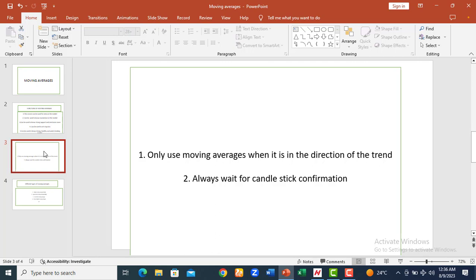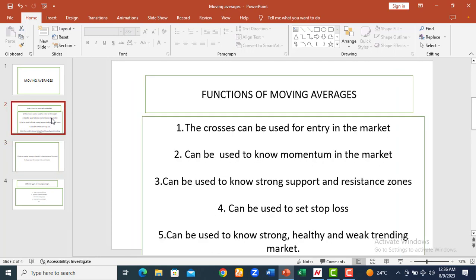Especially when you are using the crosses, always wait for candlestick confirmation. Remember, I said for the crosses, do not use them in a ranging market. You can use your moving average for so many things to know your strong, weak, and healthy trending market.